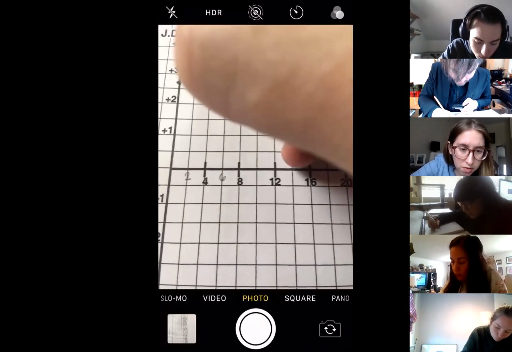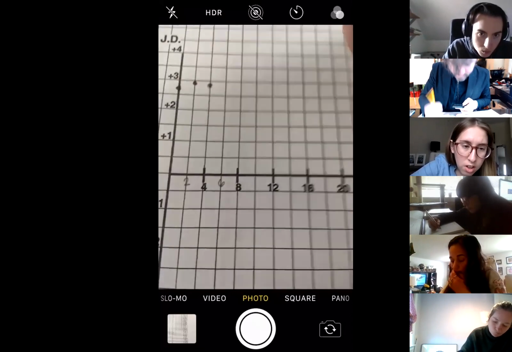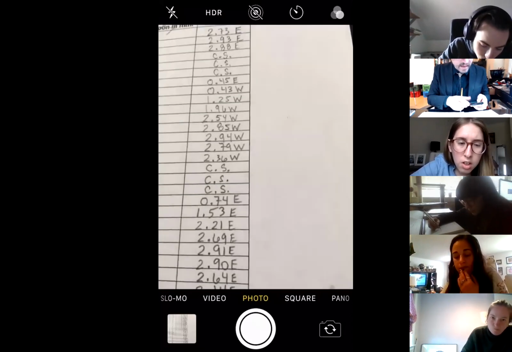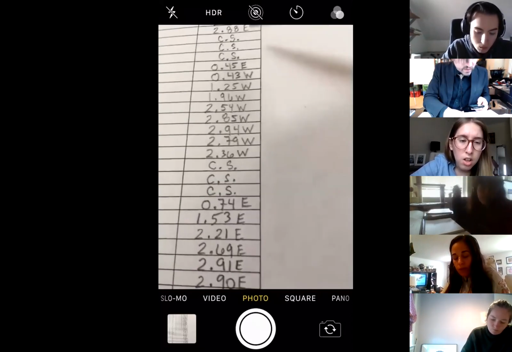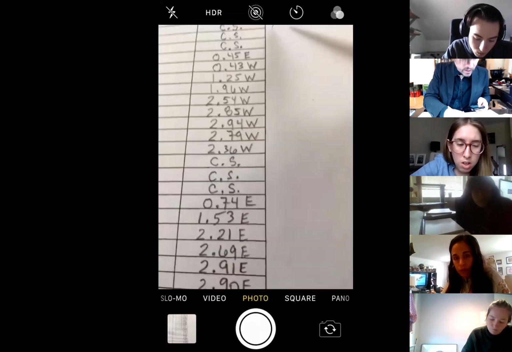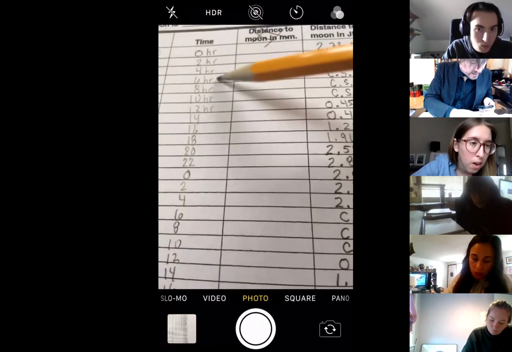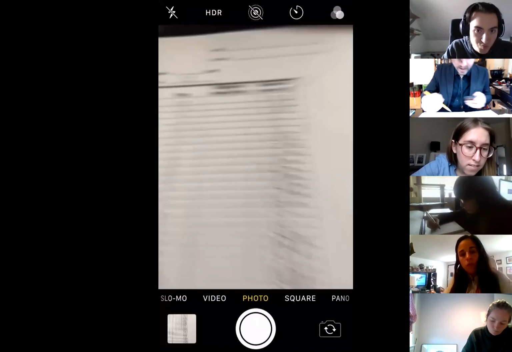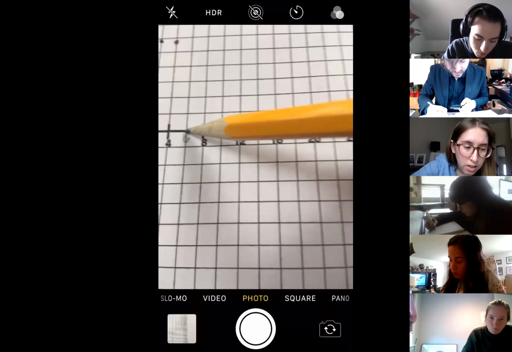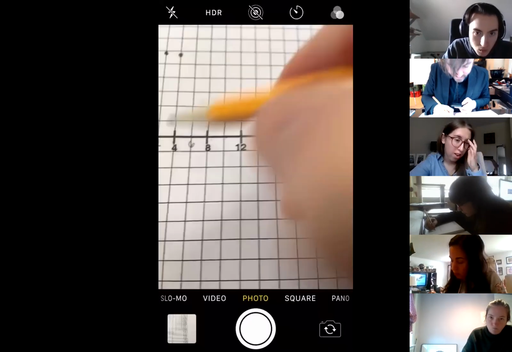A little higher up. Okay. Then we have 3 cloudy skies. 1, 2, 3. So what we need to do is we need to leave these gaps at 6, 8, and 10 hours. So 6, 8, and 10 all have missing data.